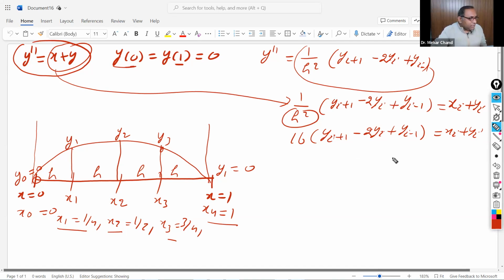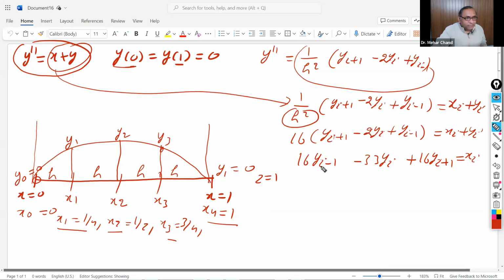You will rewrite this expression, and it can be written as 16 y_{i-1} minus 33 y_i plus 16 y_{i+1} is equal to x_i.